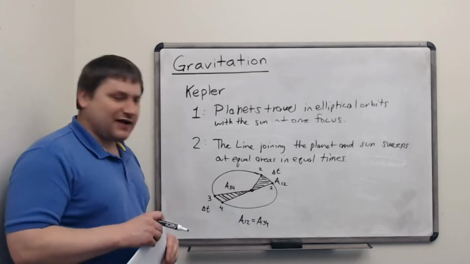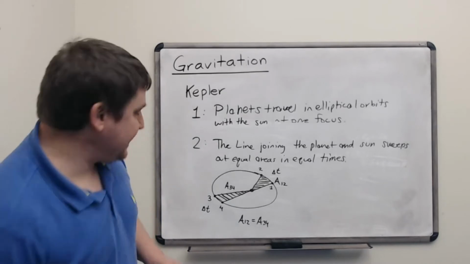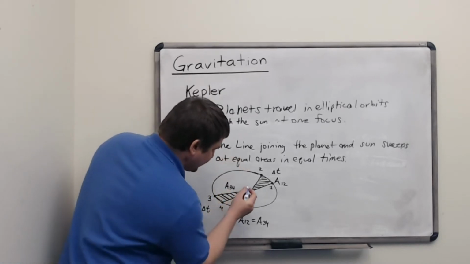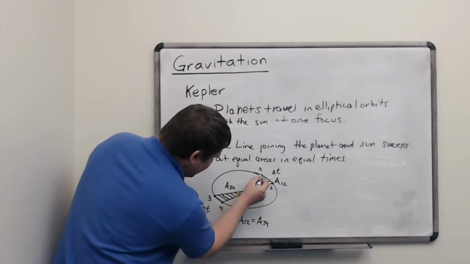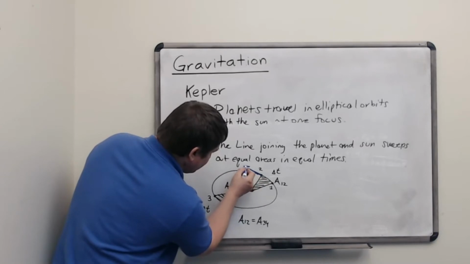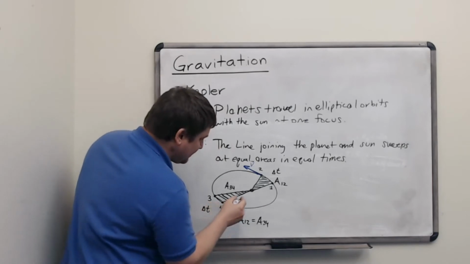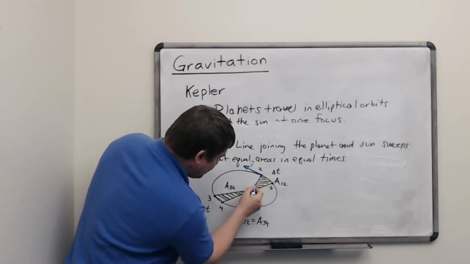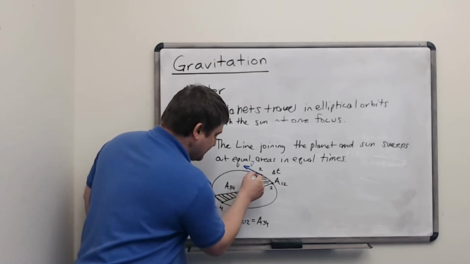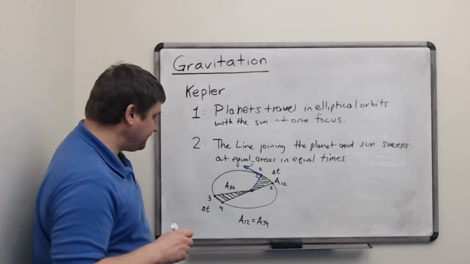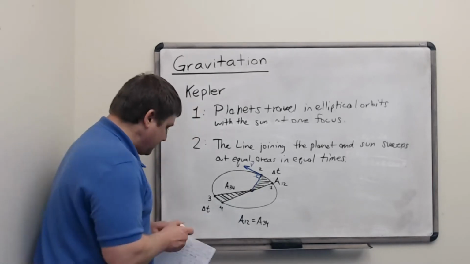In fact, we can derive a mathematical relationship here if we take a look at the velocity vector at each location. Let's look at location 2 and location 3. At location 2, the velocity vector is tangent to the ellipse, but it is not necessarily perpendicular to the radius vector. This is even more clear at location 3.